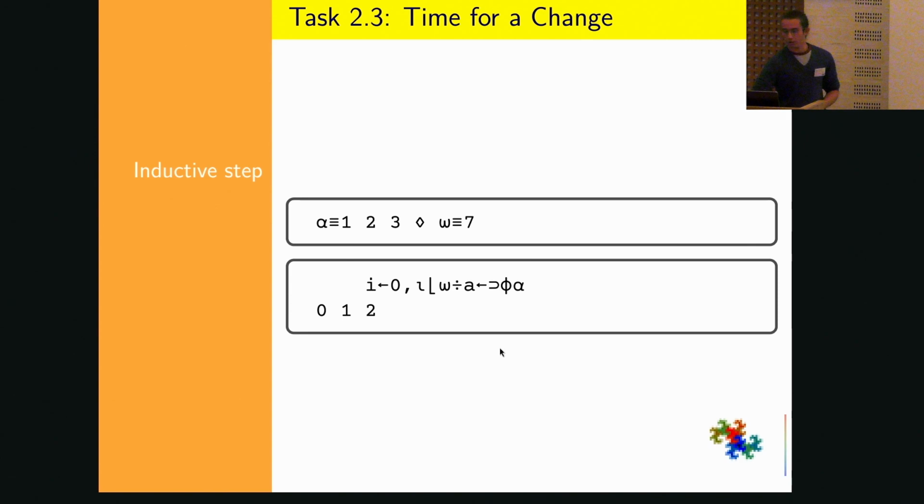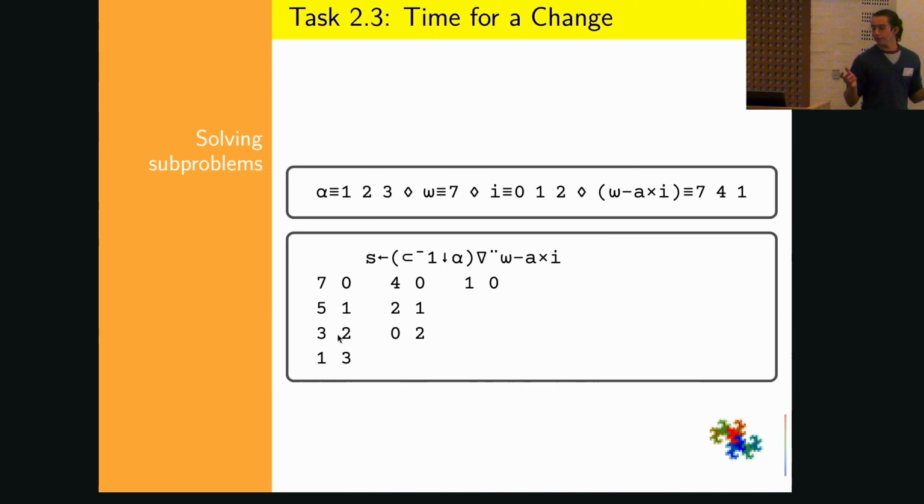And so we will just divide omega by the last element of alpha, take the floor, take the iota of this number, and we would also like to be able to subtract 0 of the biggest kind of coin. So for alpha equals 1 to 3 and omega equals 7, we will get 0, 1, and 2. So these are the possible amounts of coins of denomination 3 that we can subtract from the value 7.